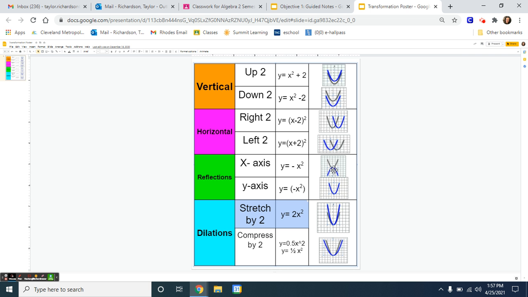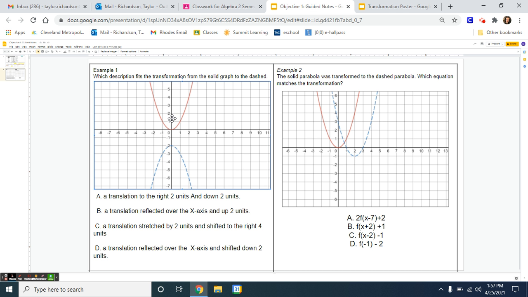And when it's flipped upside down, it's over the x-axis. So I'm looking for whatever answer says down 2 and reflection over the x-axis. So if I go through here, this is right 2, this says up 2, this says stretch by 2. Here we have a translation reflected over the x-axis and shifted down 2. That is the one I want.